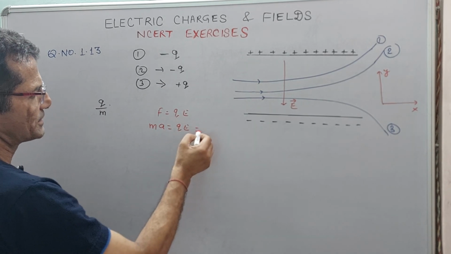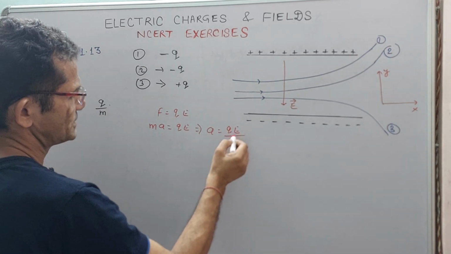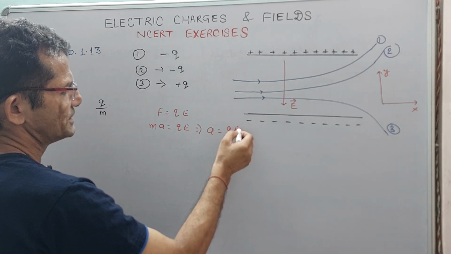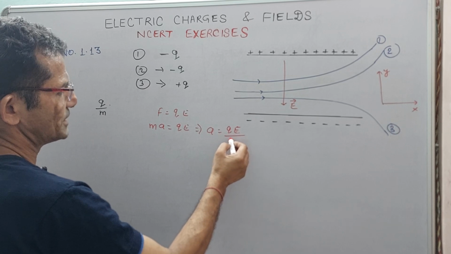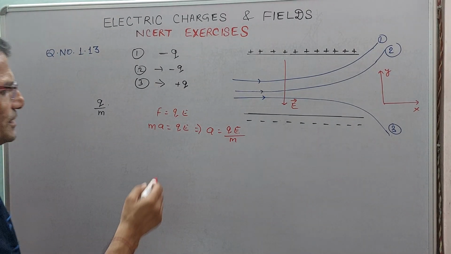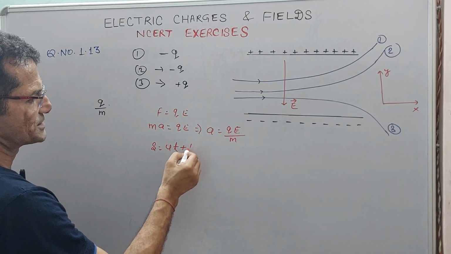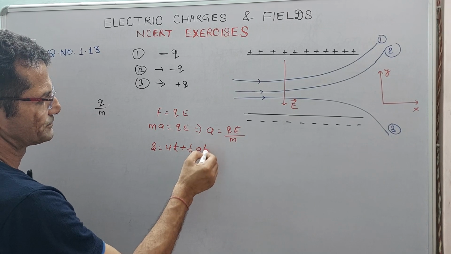Therefore our acceleration acting on these particles is QE divided by m. Now using the formulas here, s is equal to ut plus half at square. This is the formula we will use here.